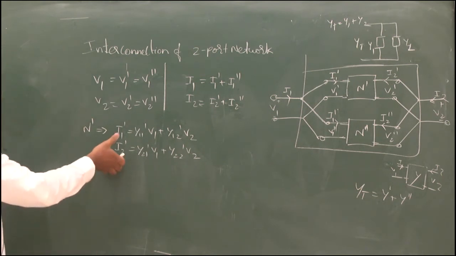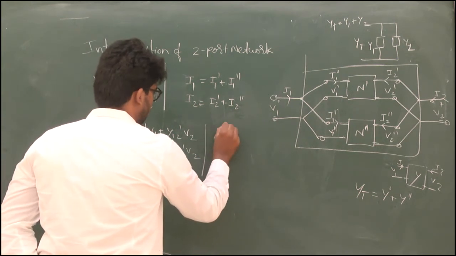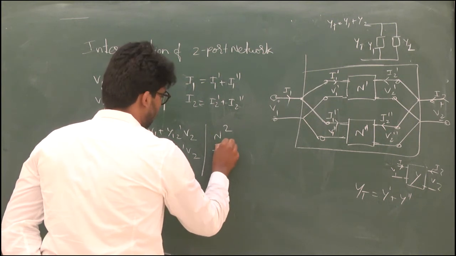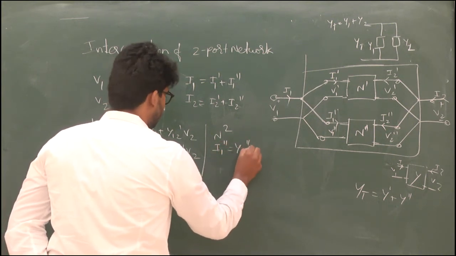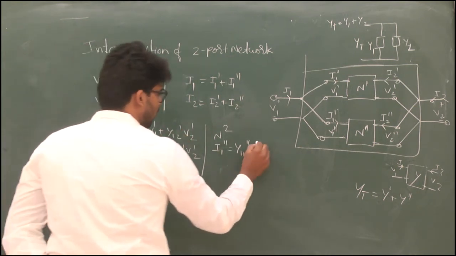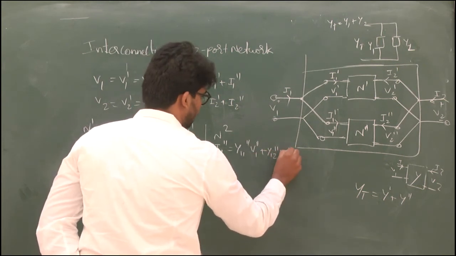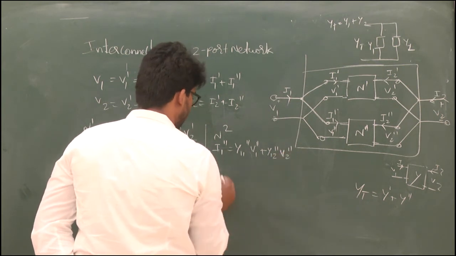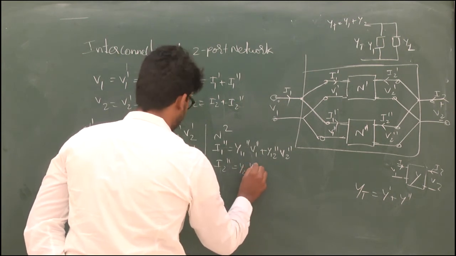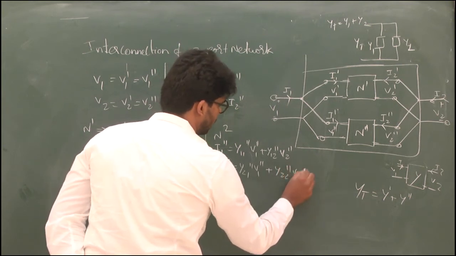This is the admittance parameters of network 1, and for network 2, the admittance parameters you have as I1 double dash equal to Y11 double dash V1 double dash plus Y12 double dash V2 double dash, and I2 double dash equal to Y21 double dash V1 double dash plus Y22 double dash V2 double dash.